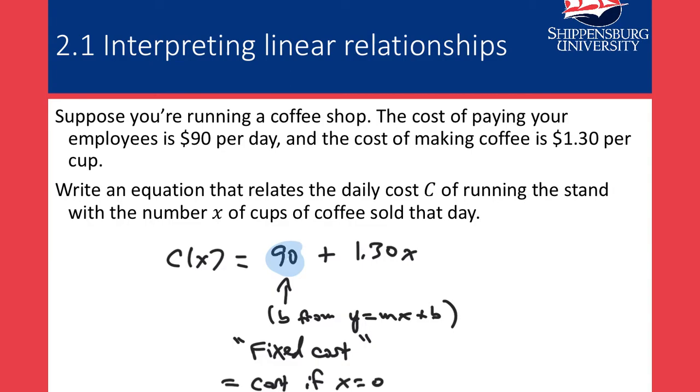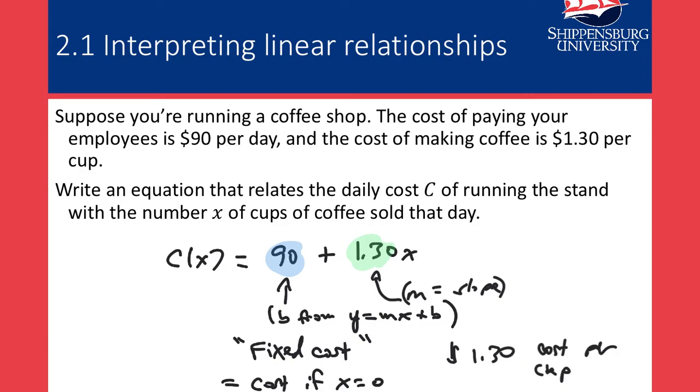The other number in here, this 1.3 in front of the x, that's the thing that corresponds to the m in our y equals mx plus b form, and we know that represents slope. In terms of the application, the 1.30 stands for the cost per cup of coffee. So this is the cost to us as the business owner of producing and selling that cup of coffee.